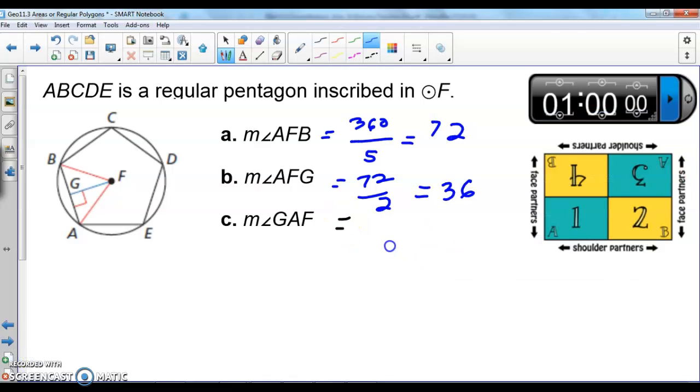And last but not the least, GAF. We can subtract the measure that we got here from 90 degrees, right? So you get 90 take away 36. That's equal to 54 degrees. Because we know that these two angles are complementary, or if you add all these three angles in the triangle, they add up to 180.